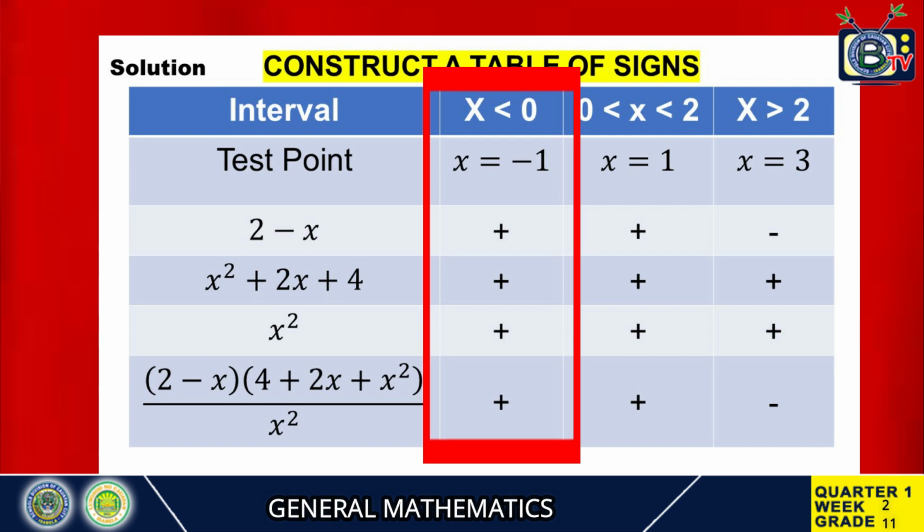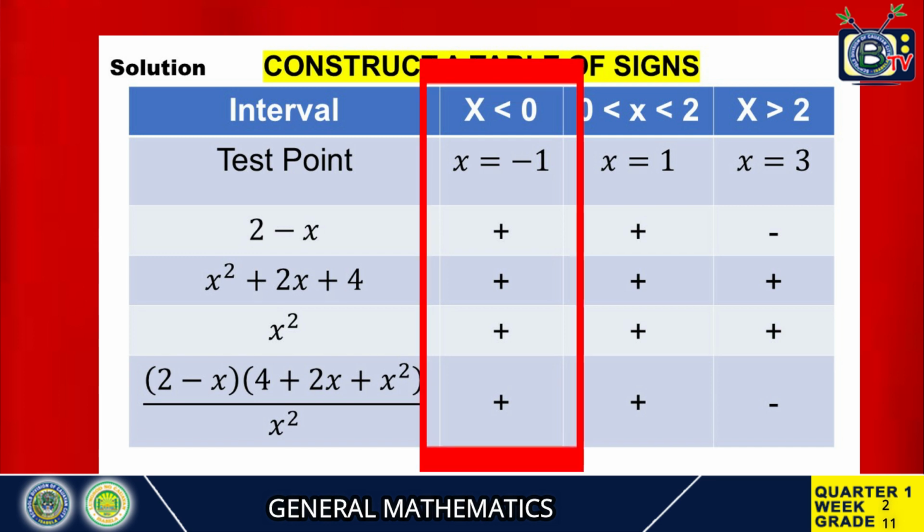For the interval x less than 0, with the test point x equal to negative 1: 2 minus x is positive, x squared plus 2x plus 4 is positive, x squared is positive. Positive times positive divided by positive is positive.